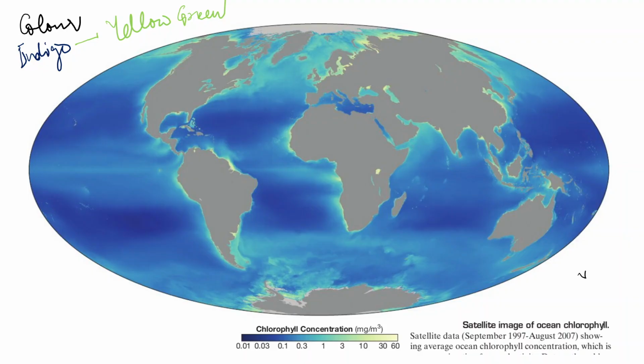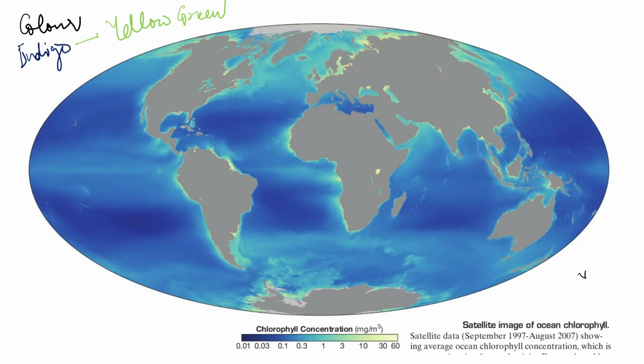The amount of photosynthetic pigment increases with biological production. If you look at this satellite image of the ocean chlorophyll, you can see that the majority of the coastal regions are showing yellow to green. This yellowish green color is because of the higher chlorophyll amount.